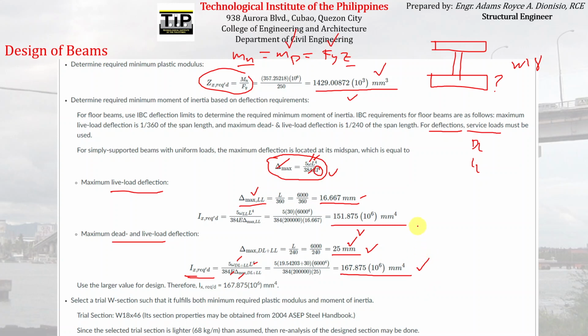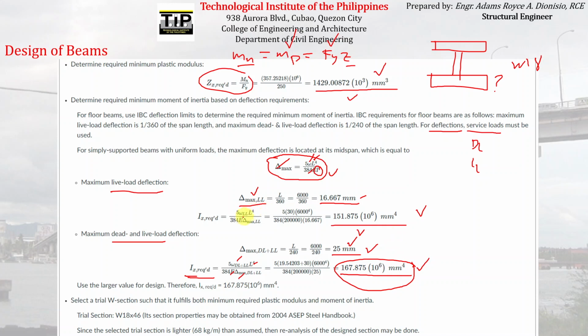Using these two moment of inertia requirements, if we try to choose which of the two will govern, obviously we will choose the larger demand, the larger restriction on the moment of inertia.